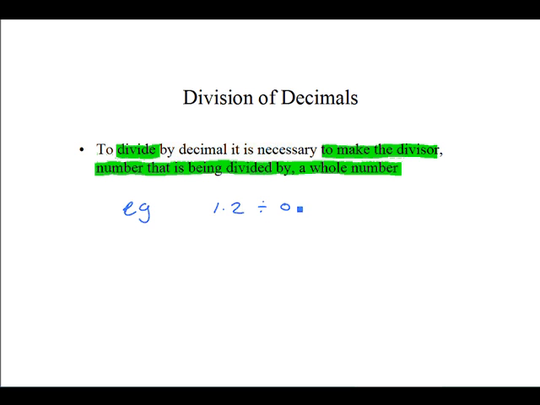So how we do this is through an example here. What I do is I write it as a fraction, and then I write it as an equivalent fraction. What I've got to multiply the 0.4 by to make it into a whole number? So I multiply top and bottom by 10. So I end up getting 12 over 4.